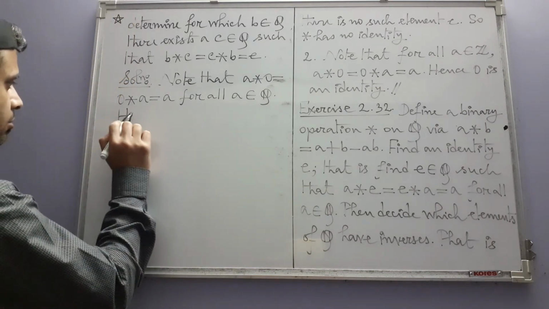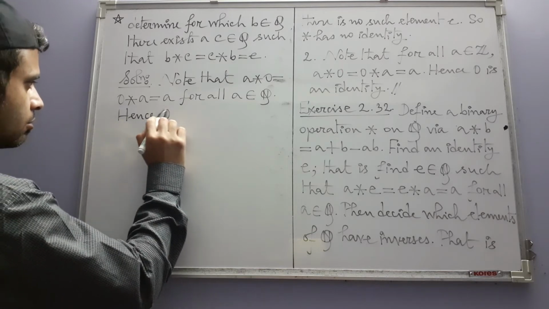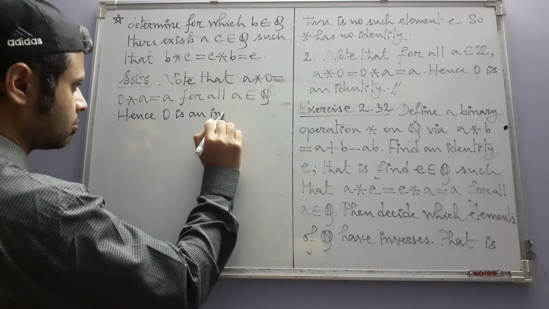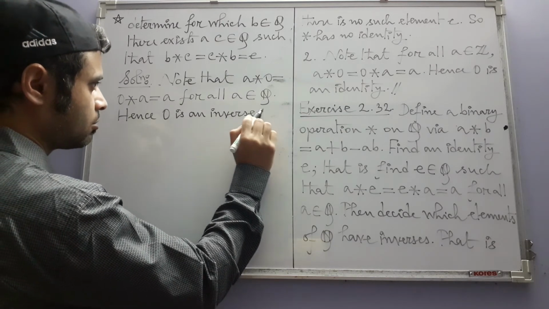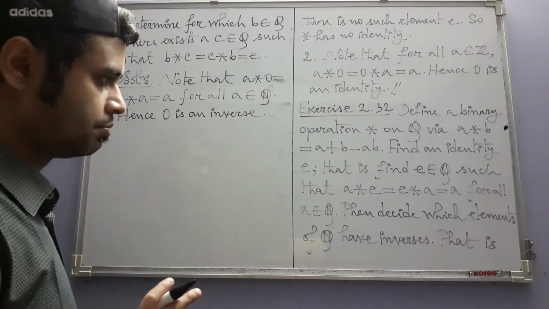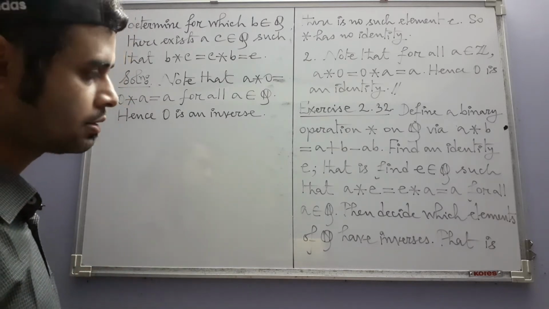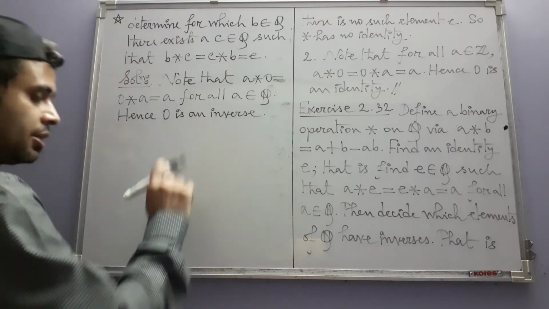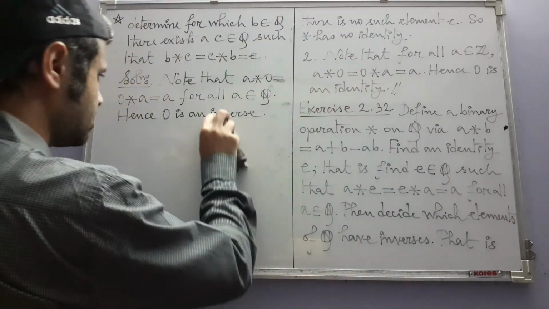Hence, 0 is an identity. So what the hell am I saying? 0 is not an inverse, 0 is an identity.